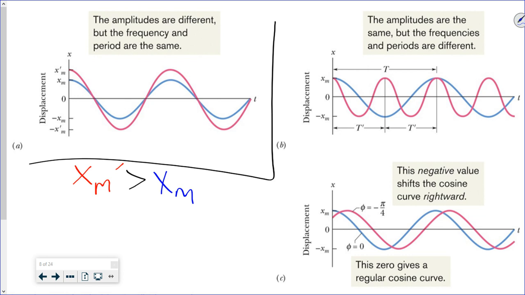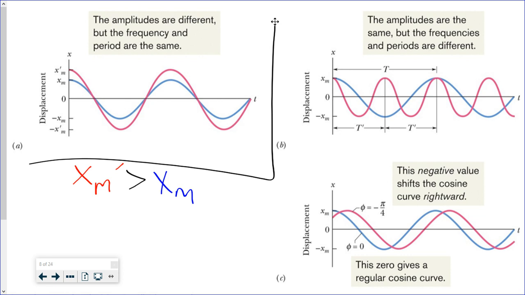That little prime there is not meant to indicate a derivative. It's just meant to indicate a different x-max. There's two x-maxes here, x-max and x-max prime. They're just different names for different points. Everything else about these is the same. They have the same period, same frequency, same angular frequency. The only difference is the amplitude. The amplitude of the red graph is bigger than the blue one.